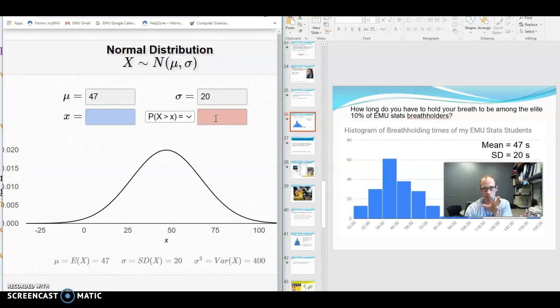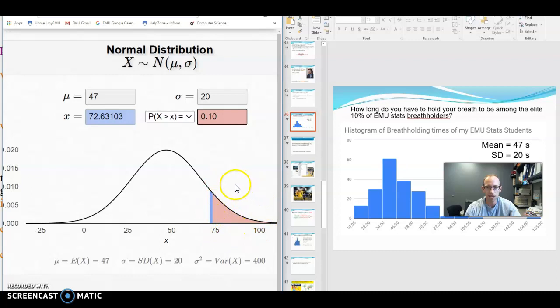We know what percent we want to be in the top. So we want 0.10 here. And we don't want the portion, or we don't want above. Oh yeah, we do. Sorry. So this is the 10% up here.